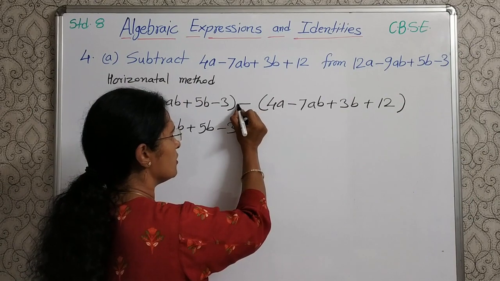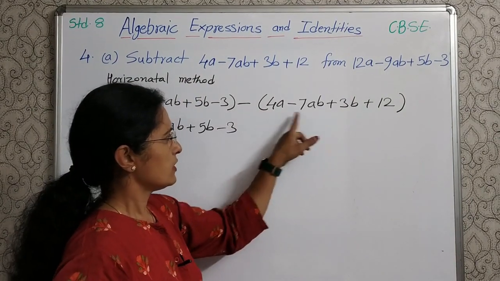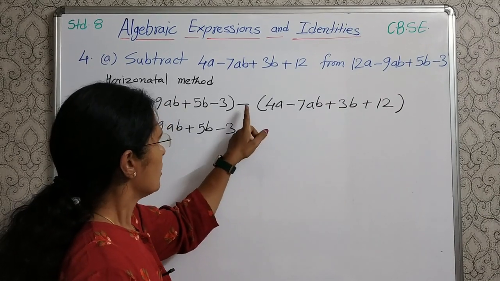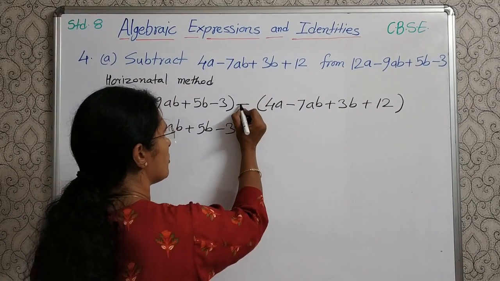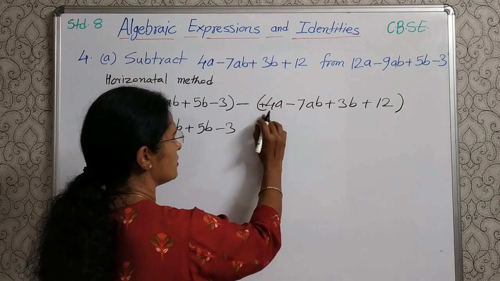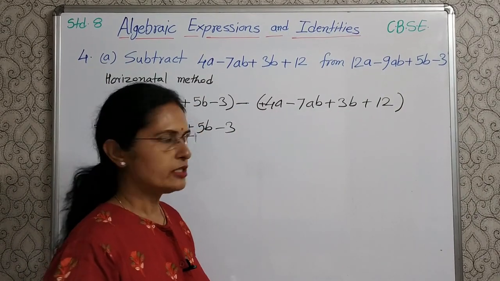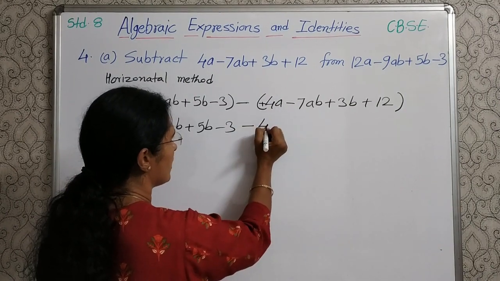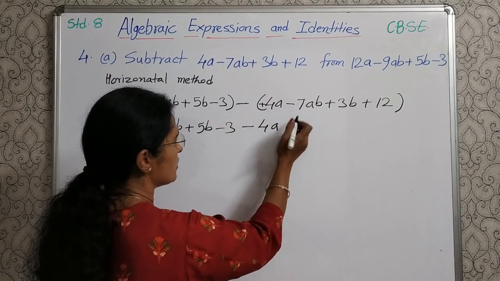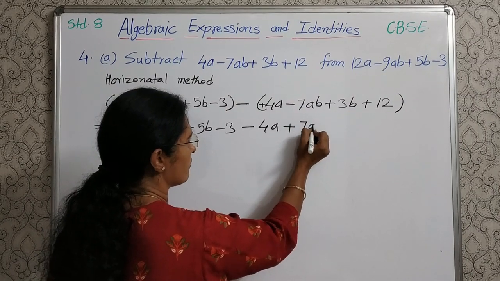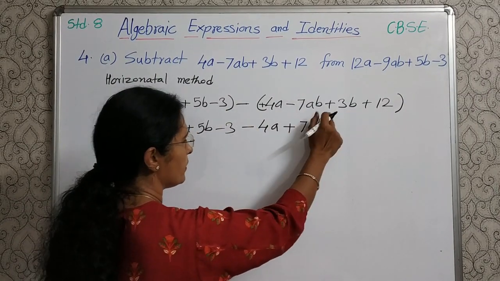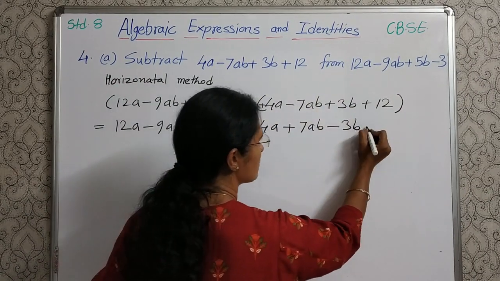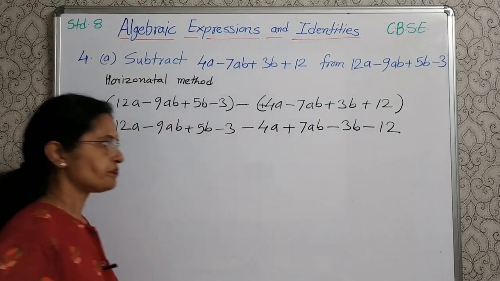Now here minus sign is there, and after that these all terms of the second expression. Now minus plus, because of this minus all the signs from the bracket will get changed. So minus plus minus 4a, then minus plus 7ab, then minus plus minus 3b, next minus plus minus 12.